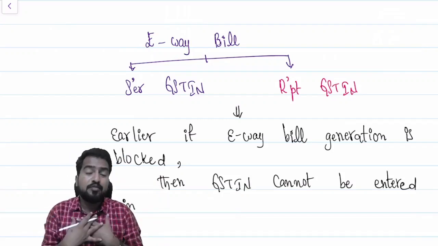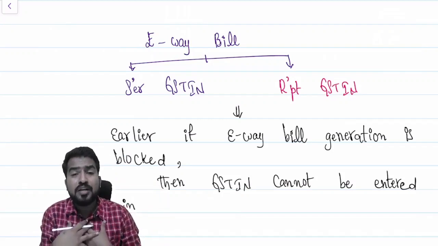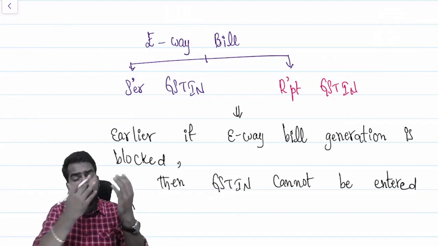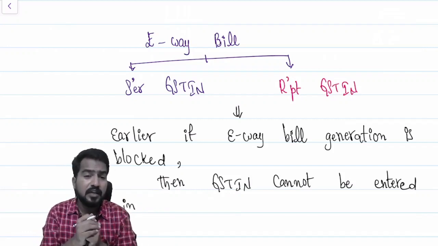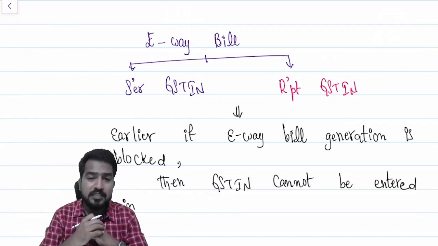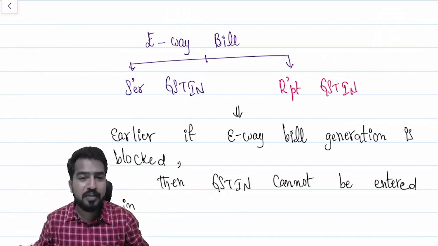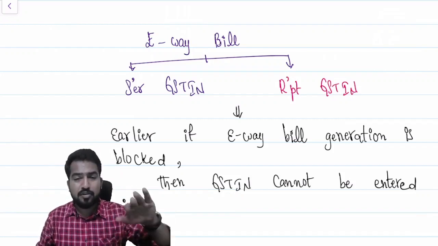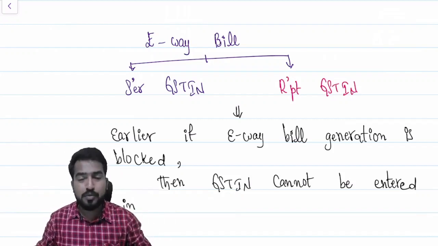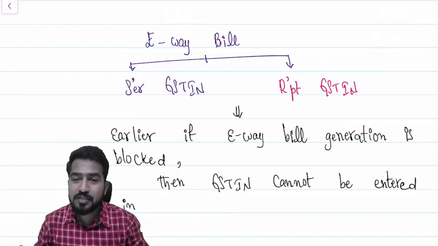That means my e-way bill generation is blocked, and my GSTIN cannot be given in a supplier's GSTIN column or recipient's GSTIN column. That means on my purchases also I cannot generate an e-way bill, and on my supplies also I cannot generate an e-way bill. On sales also e-way bill generation is not possible, and on my purchases also it is not possible.